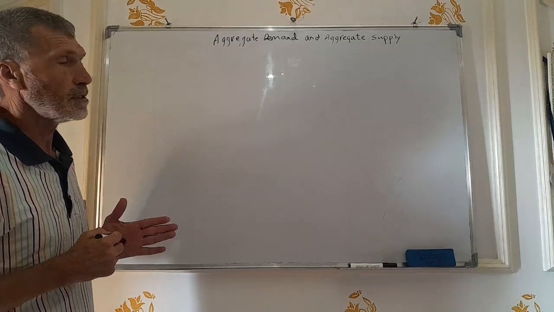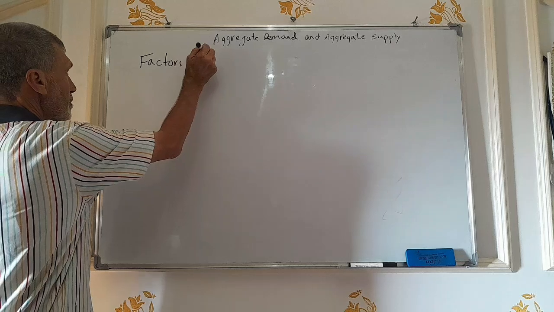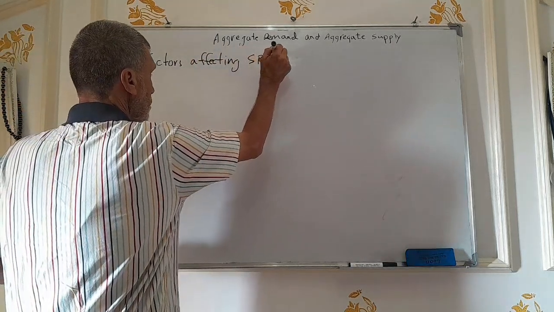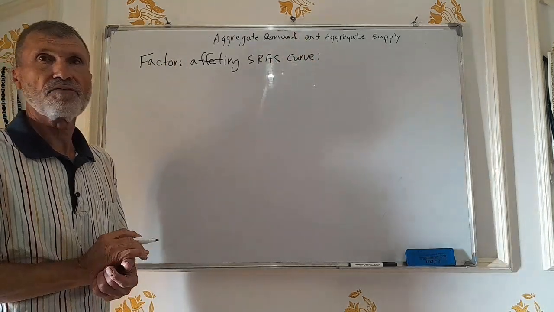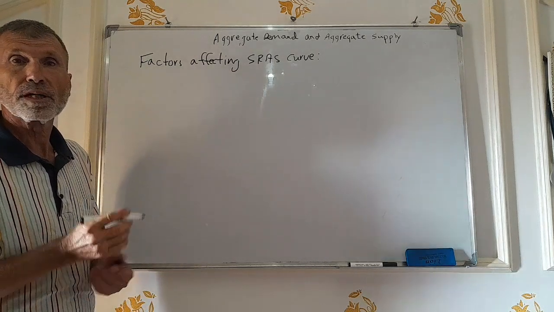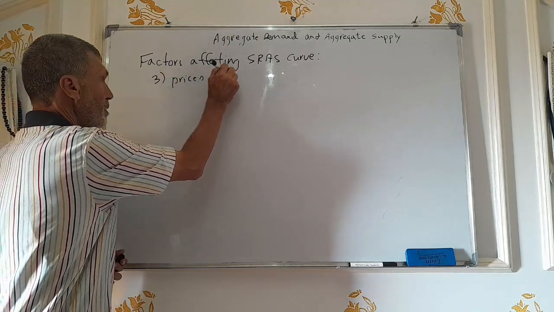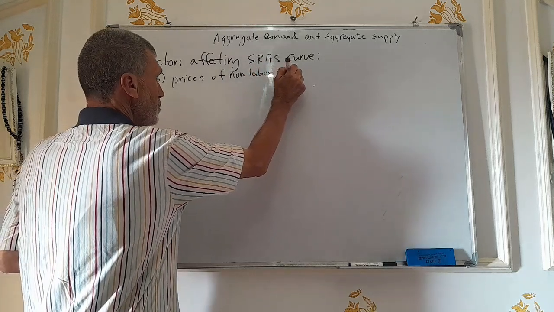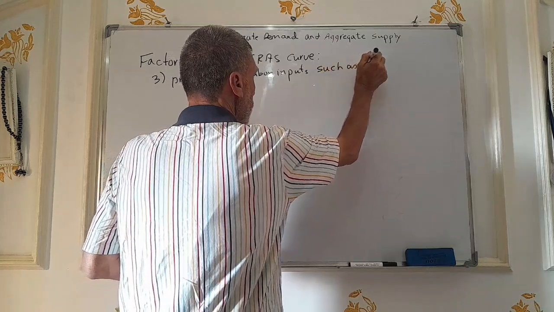Of course, the third factor that affects the short-run aggregate supply curve is prices of non-labor inputs, such as oil.